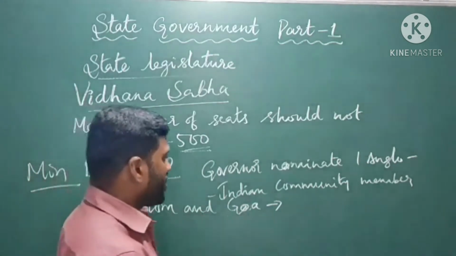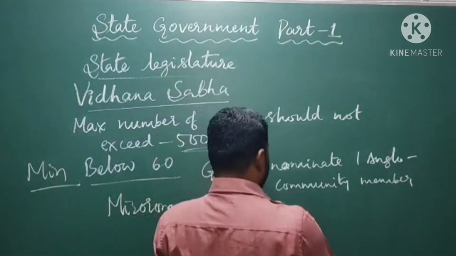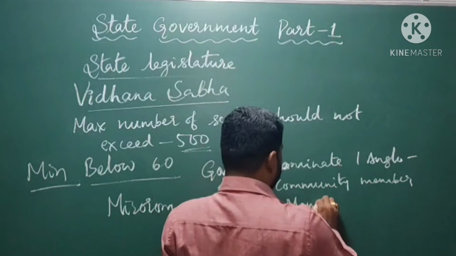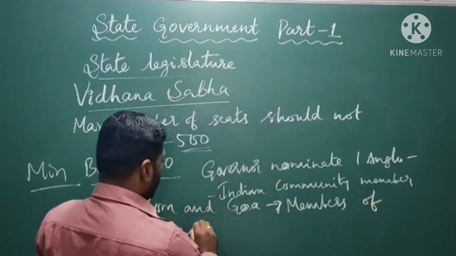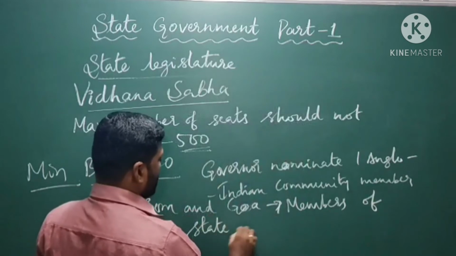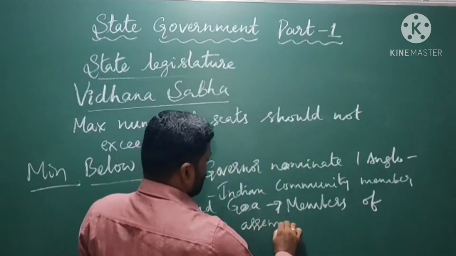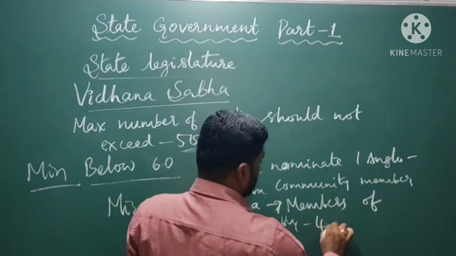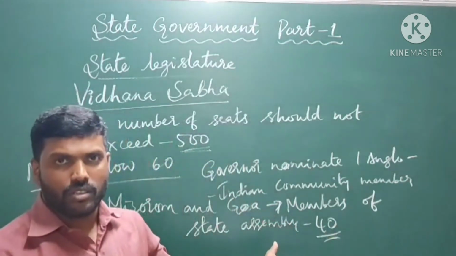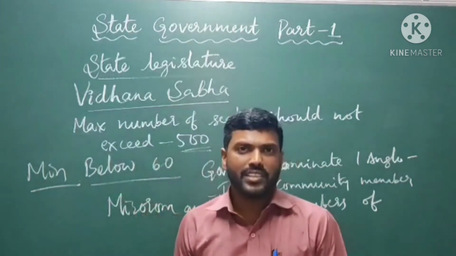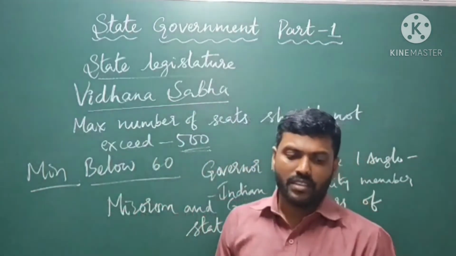In these two states, the number of members of State Assembly or Vidhana Sabha is just 40. Only for these two states that rule is not applying, it is an exception.